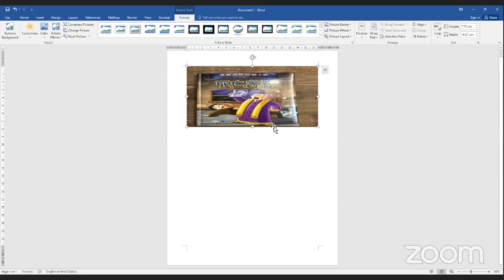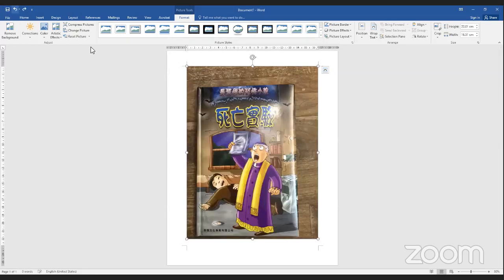Now, therefore, what we need to do: do you know how to change the shape so that it looks similar? It's for Microsoft Word. Do you know that? Press Control, or press Shift.